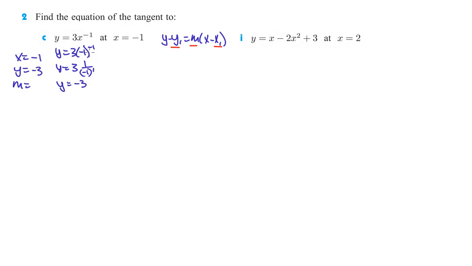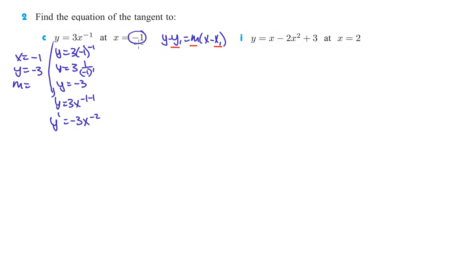Okay, and then to get the slope of the tangent, we got to take the derivative. So we're going to take this here, y equals 3x to the -1st, and now we're going to find the derivative. -1 times 3 is -3. X to the -1 plus -1 is -2. So there's our derivative function.